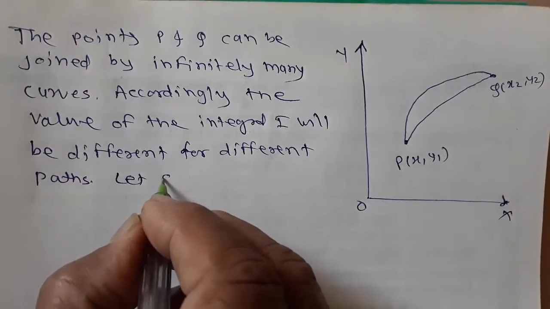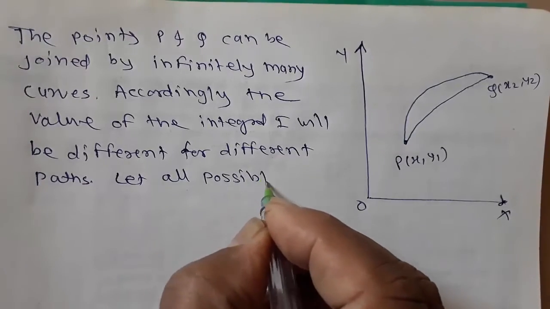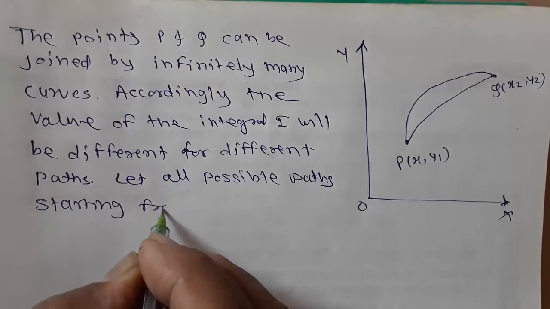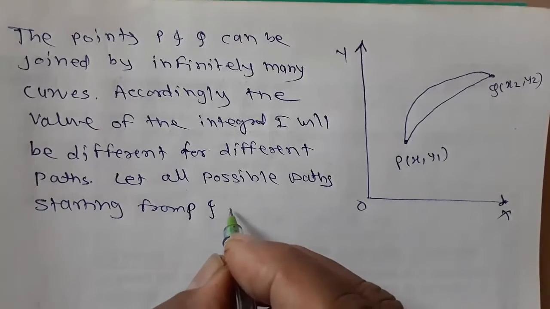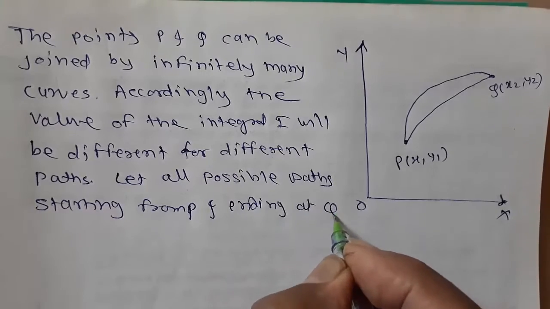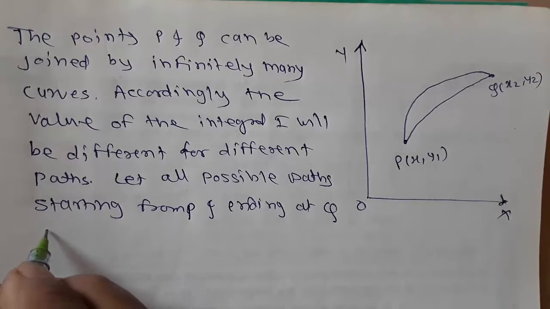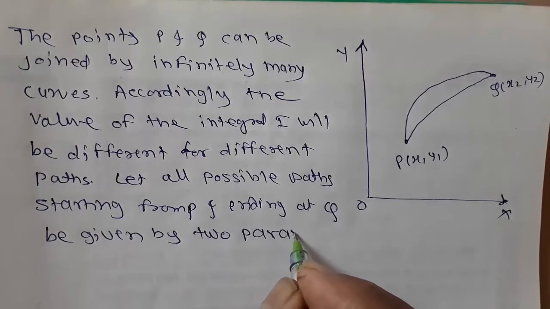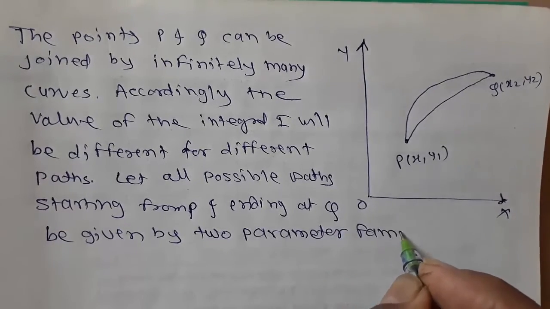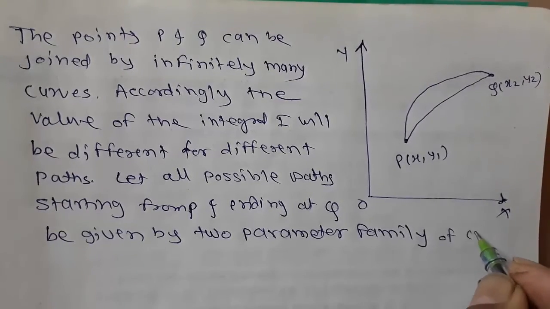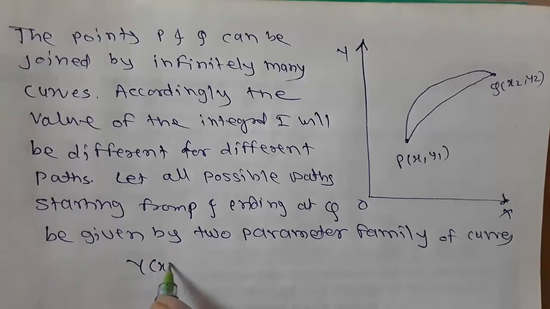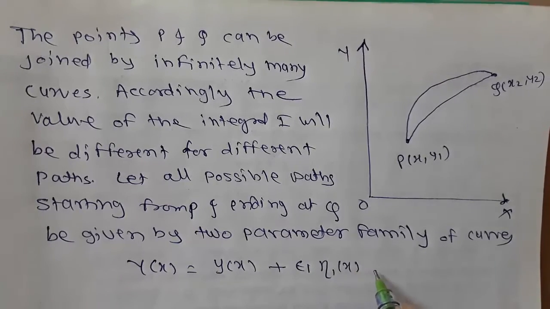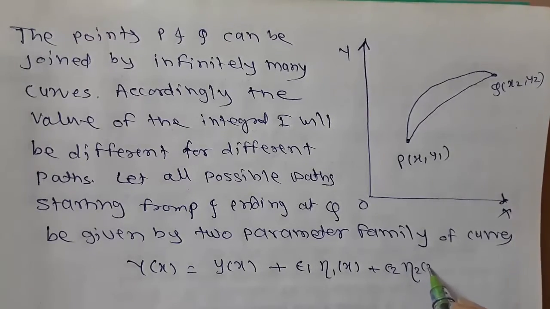Let all the possible paths starting from P and ending at Q be given by a 2 parameter family of curves as Y of x equal to y(x) plus epsilon 1 eta 1(x) plus epsilon 2 eta 2(x).